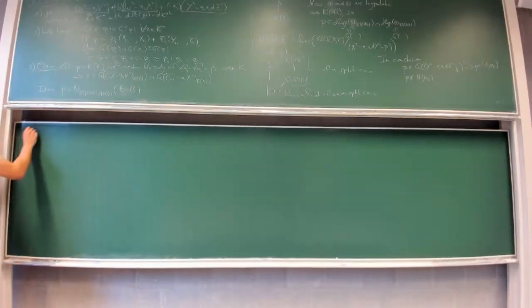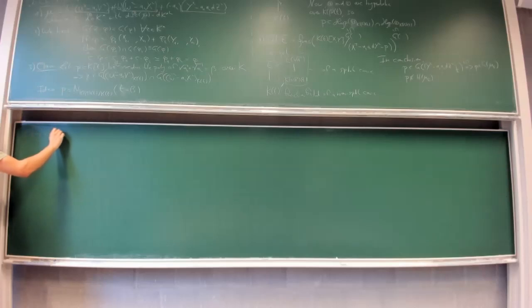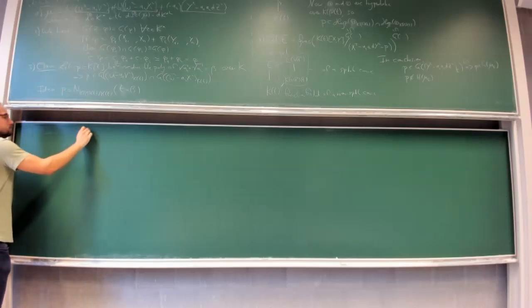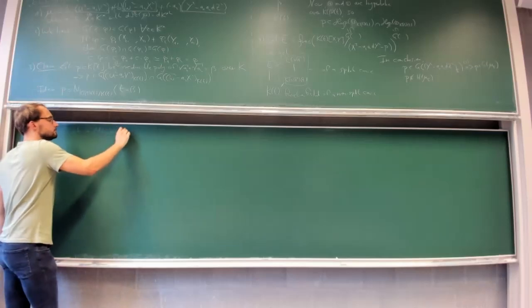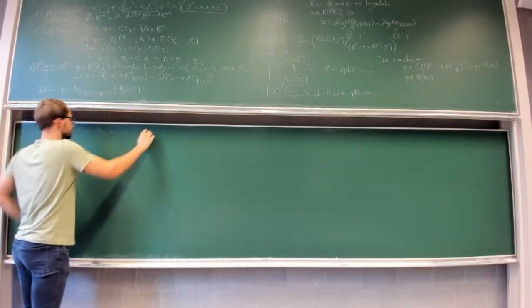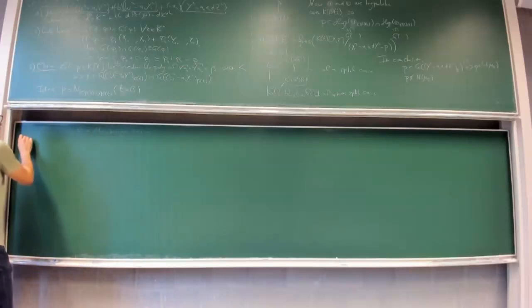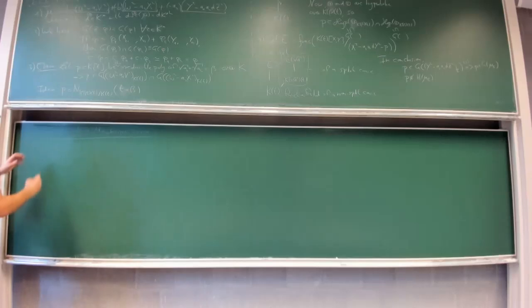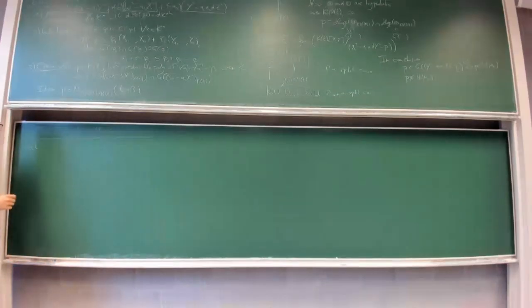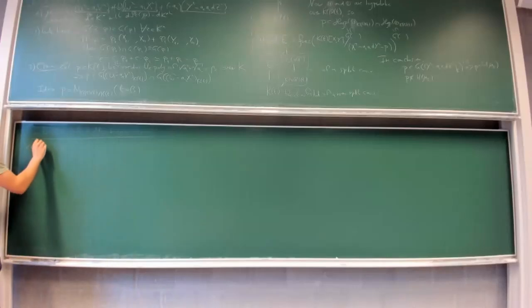Good. As promised, let's construct a Merkurjev form. We'll do this over a type of fields which is dear to my heart. We will do this over function fields of p-adic curves.